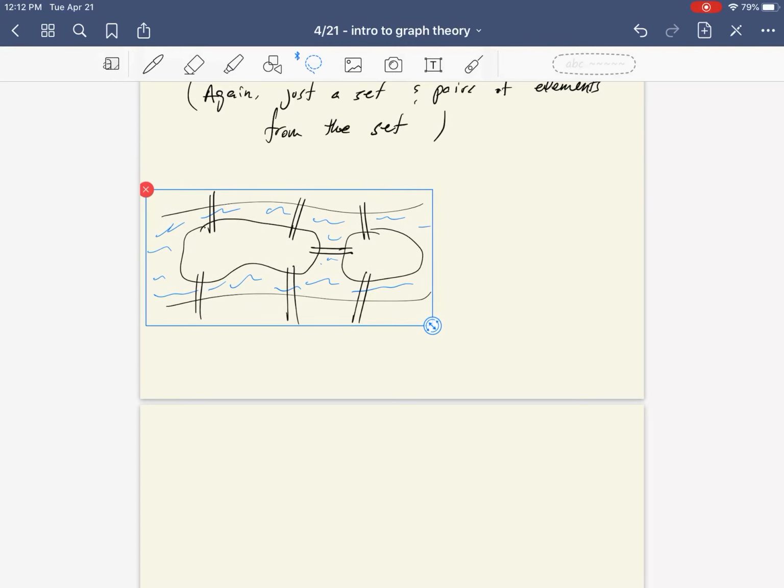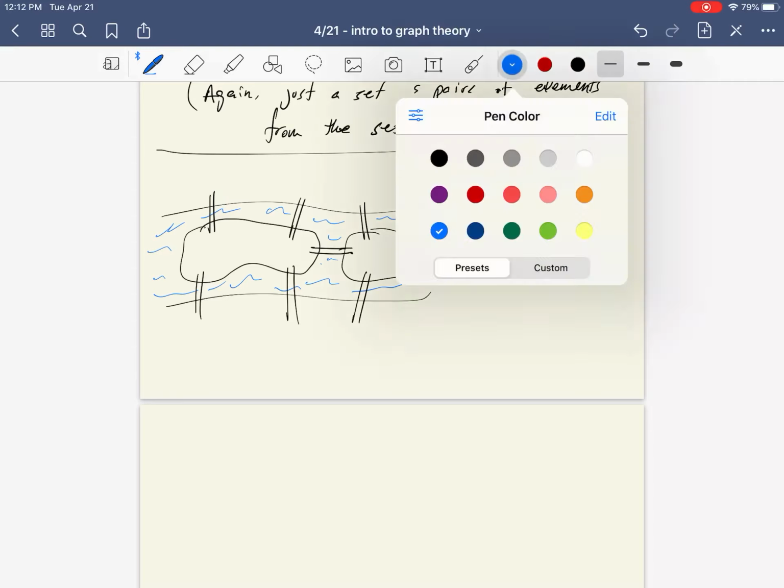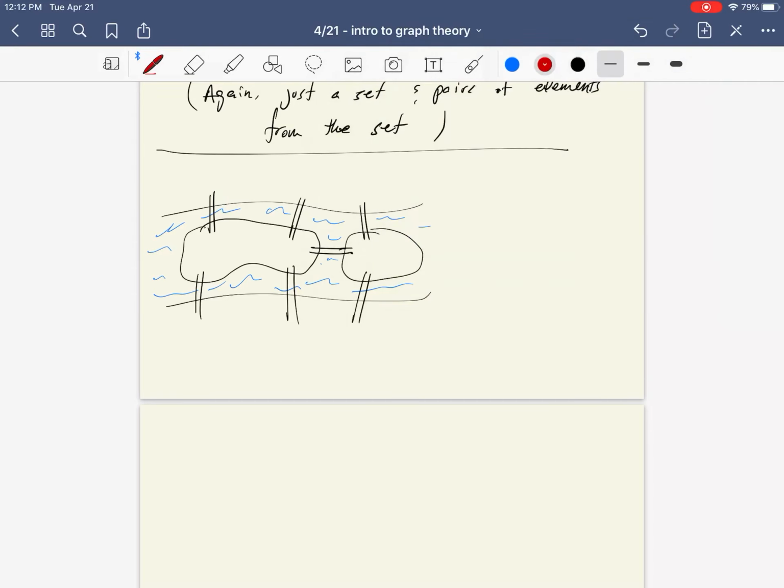I'm going to label the landmasses in red, A, B, C, and D, more like a clock.